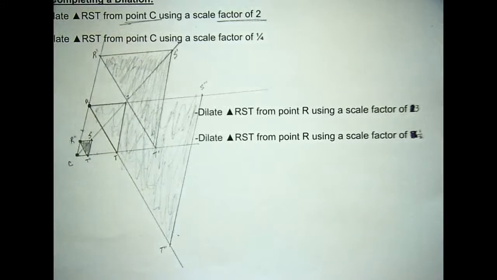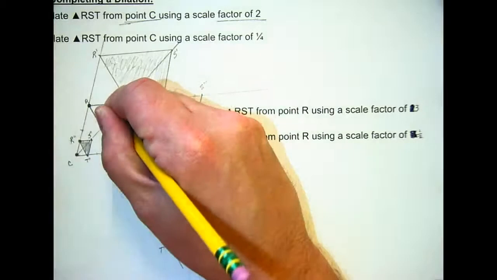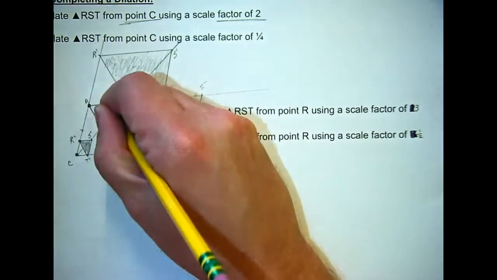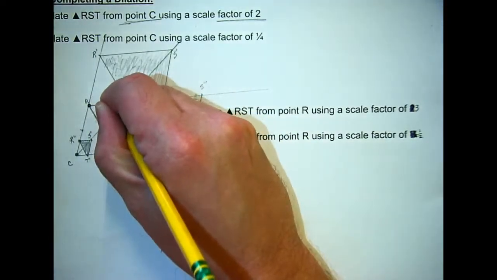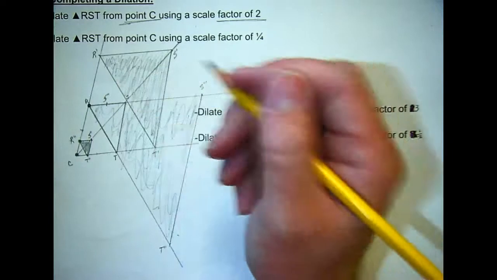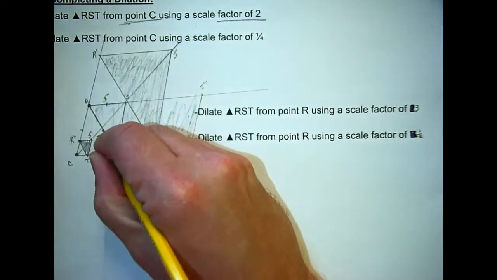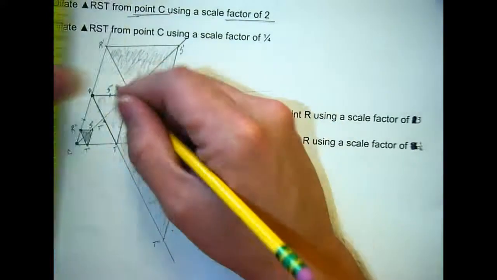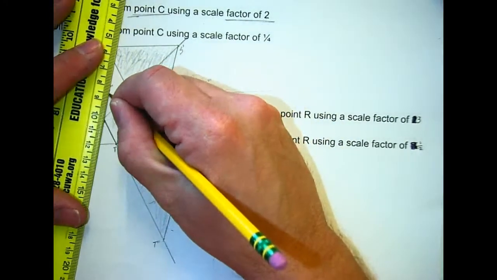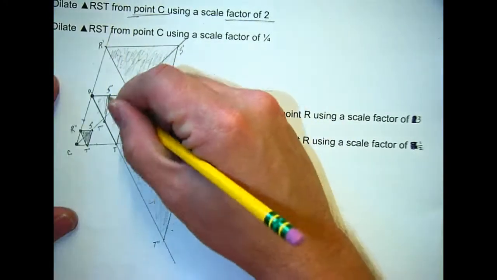Yes, I had it just chilling. And we go half. Half brings us there. So that's S prime, prime, prime, prime. Too many primes, man. Then to there, T, 1, 2, 3, 4 primes. And that's our dilation of 1/2 right there.